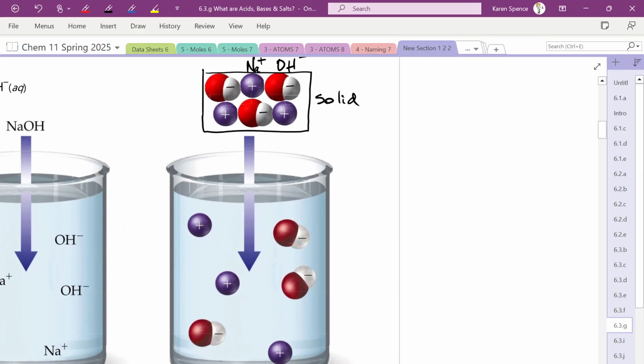And what do we say happens to the ions? They split apart. What's the other way of saying split apart? They dissociate. Okay? The ions dissociate. In other words, they split apart.